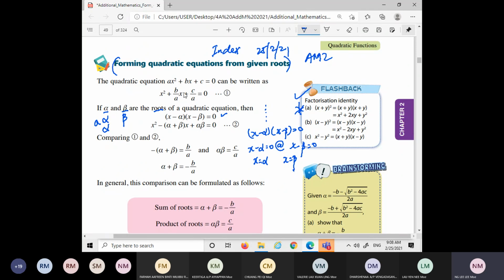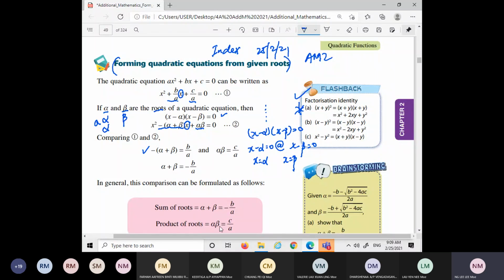Then when you compare the coefficient for the x, this is the one: negative alpha plus beta, in bracket, is equal to b over a. Then when you compare the constant term, alpha times beta is equal to c over a. Alpha times beta is equal to c over a.